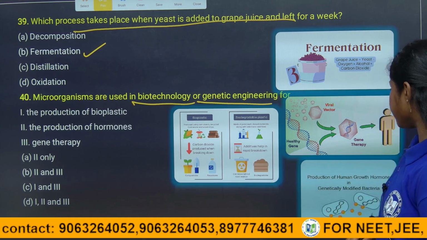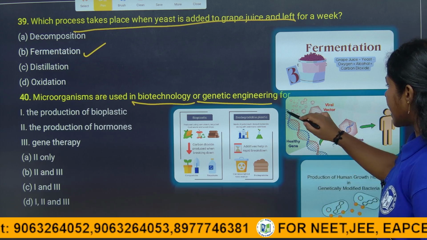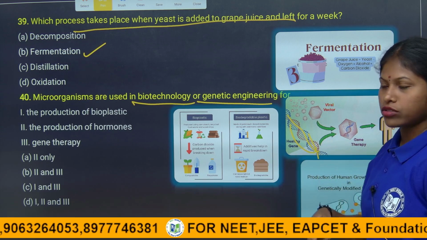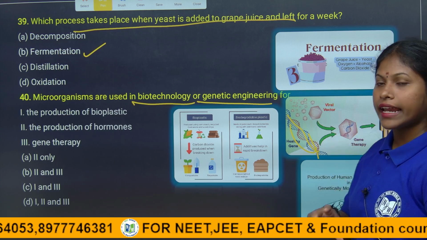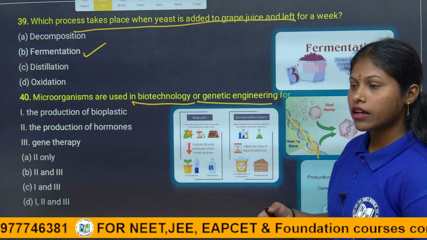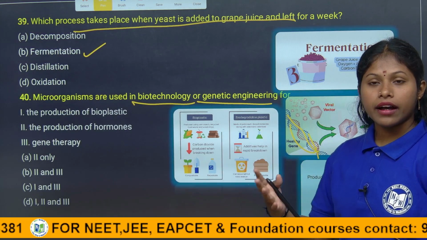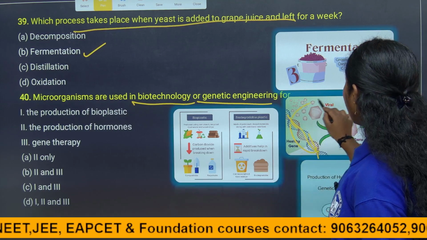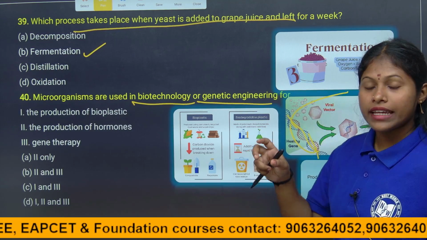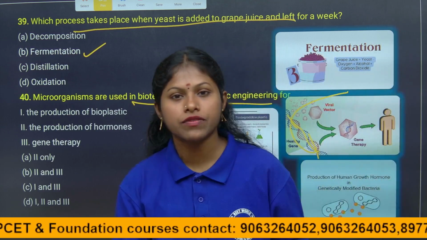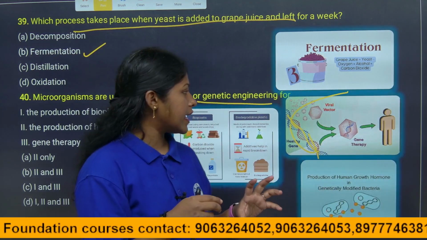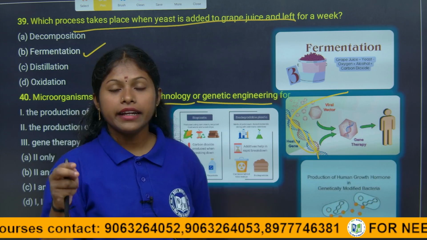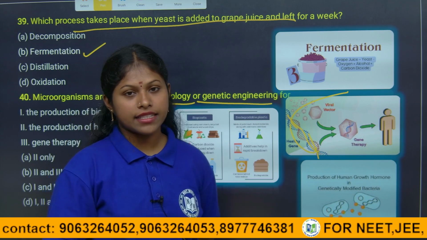See here, gene therapy: if a healthy gene, children, is affected by any pathogen, or it is creating a disease for you, or it forms uncured diseases, what the biotechnology process will do is alter the gene by certain mechanisms, and thereby it reduces the disease, right.